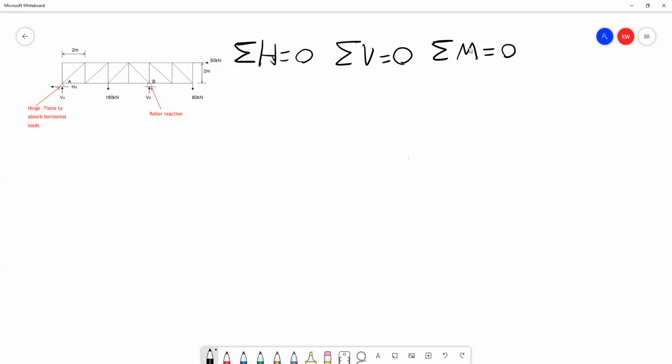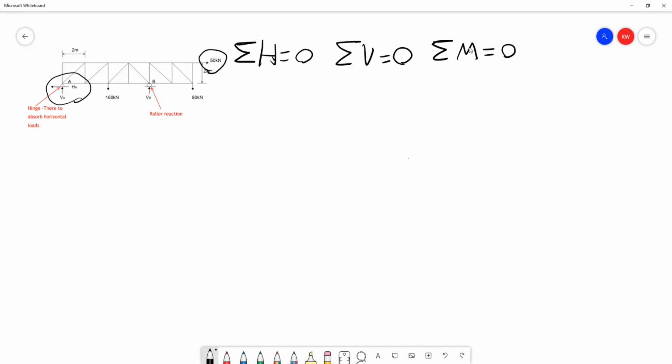So we start off in this problem by looking at what we can identify straight away. We can see in the problem that we have a single horizontal force being applied, 50 kilonewtons acting to the right. And because B is a roller, we only have a single horizontal reaction force of HA acting towards the left. Now, it would be acceptable to point out immediately that HA must be equal to 50 kilonewtons acting towards the left to balance out the force.